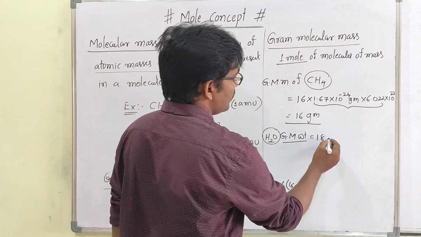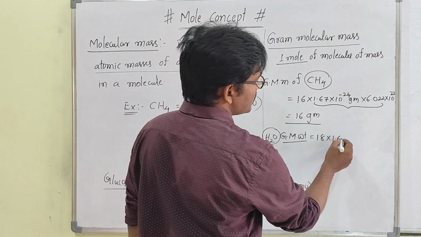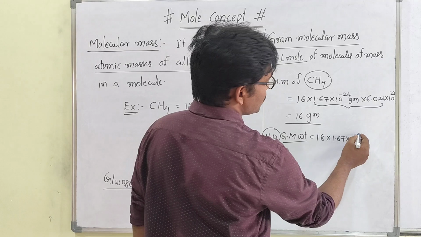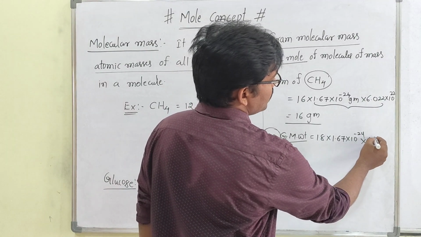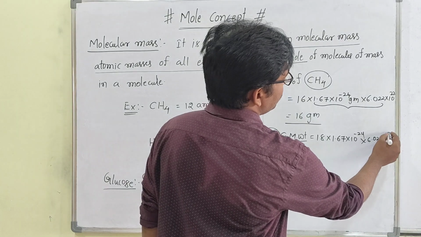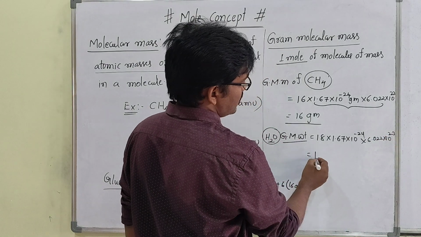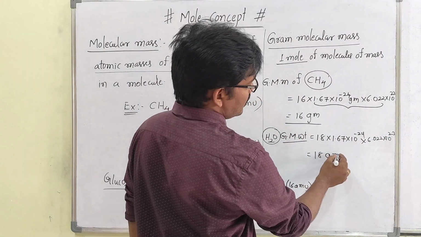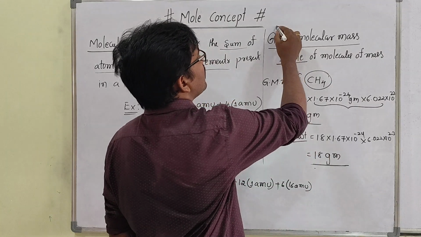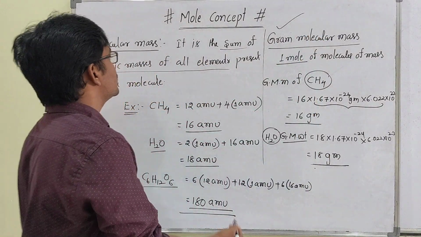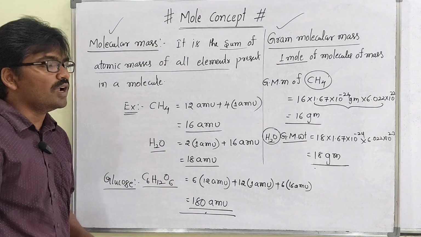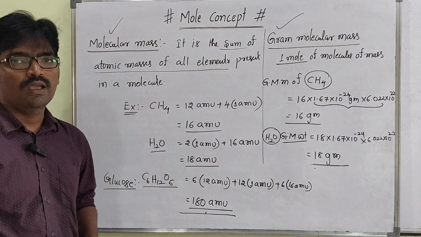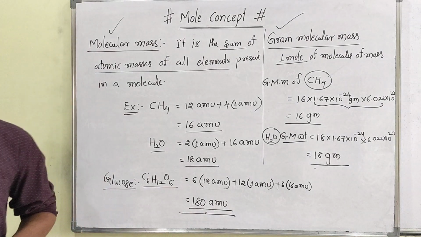The atomic mass unit value is 1.67 into 10 to the power of minus 24, multiplied by Avogadro number 6.022 into 10 to the power of 23. Then you get 18 grams. We represent gram molecular mass in grams, while just molecular mass is represented in atomic mass units. You have to remember that. Understand, my dear students? Just note it, all of you.